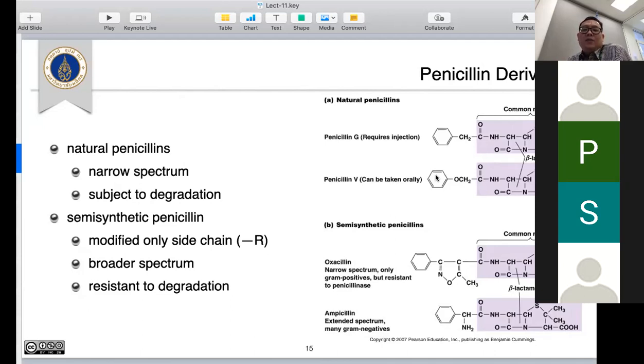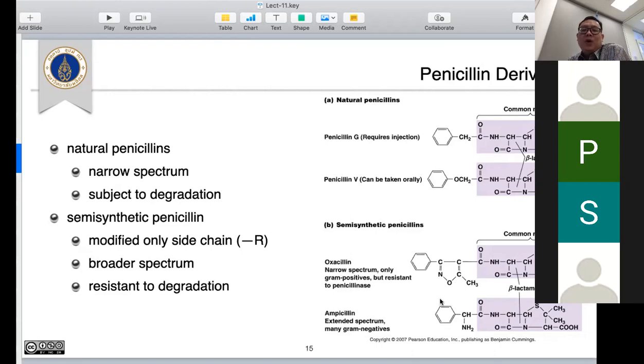Okay, once we knew that, we tried to modify the side chain to create a new generation, oxacillin and ampicillin. Both of these resist the beta-lactamase enzyme of bacteria.